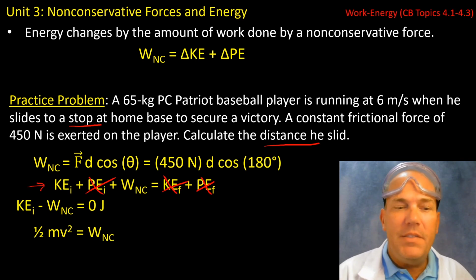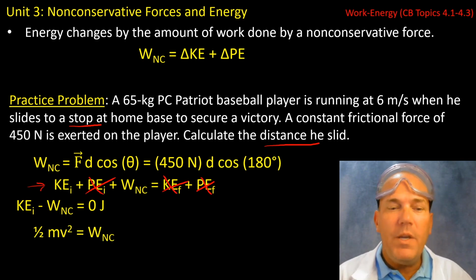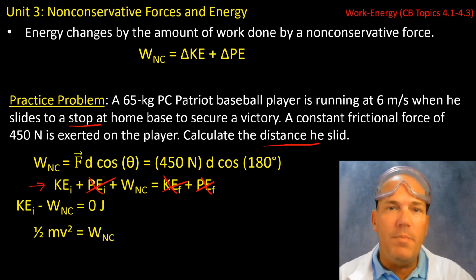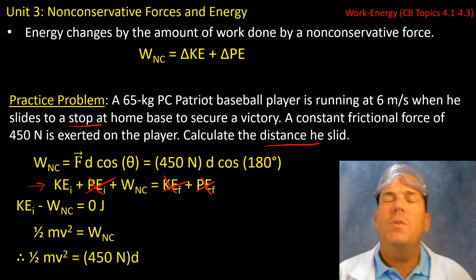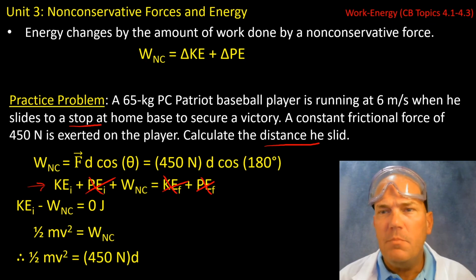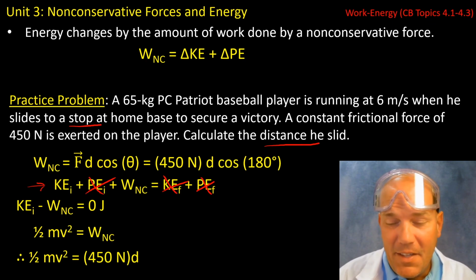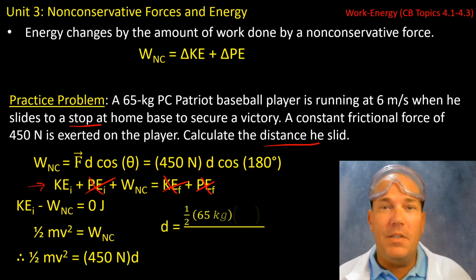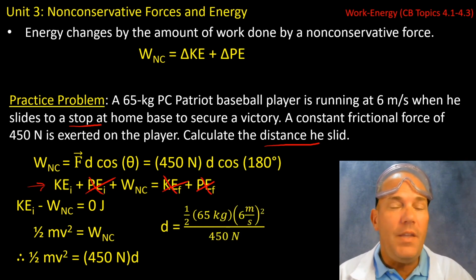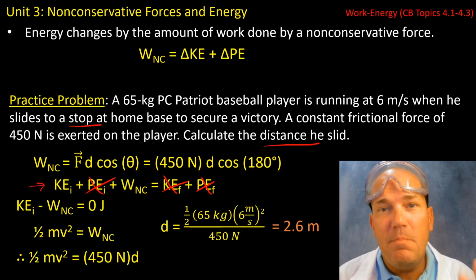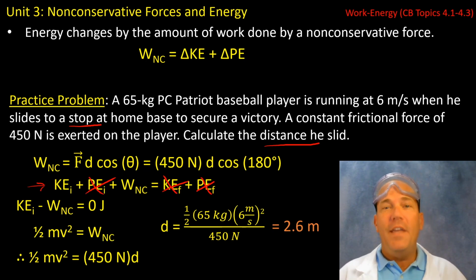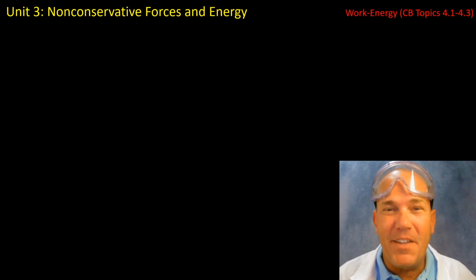This means that we can say 1/2 mv squared is equal to the work done by a non-conservative force, and therefore it is equal to 450 newtons multiplied by the distance. So now we can just do a little algebra here and solve for the distance to be 2.6 meters. That's how far he slides to secure the victory.